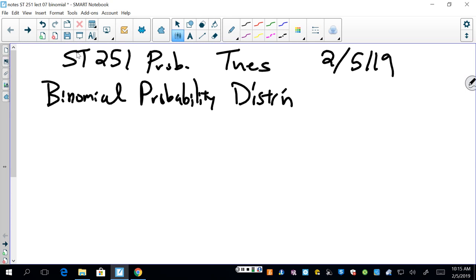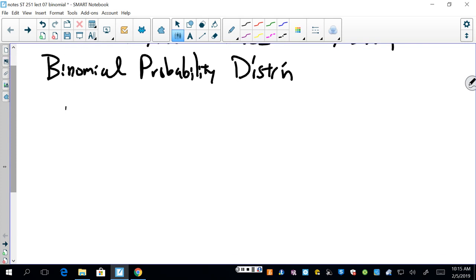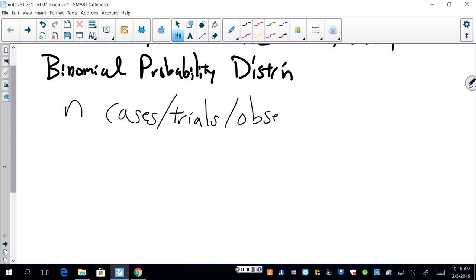In this one, we have n cases, or sometimes these are called trials, or observations. We're going to assume that each is independent of the others.